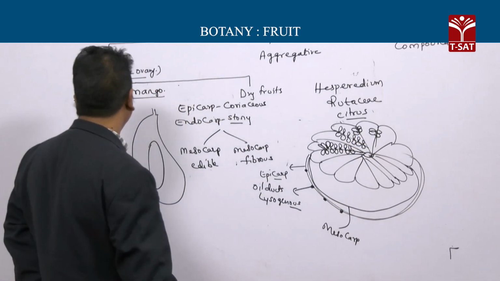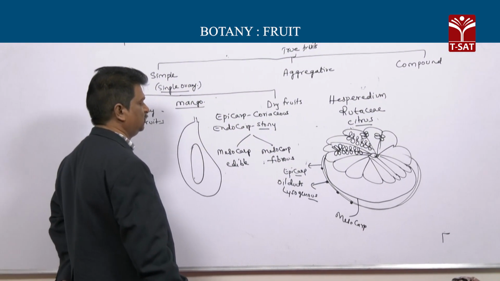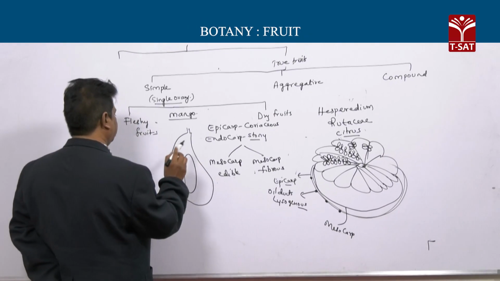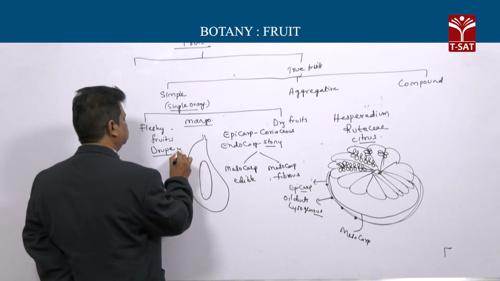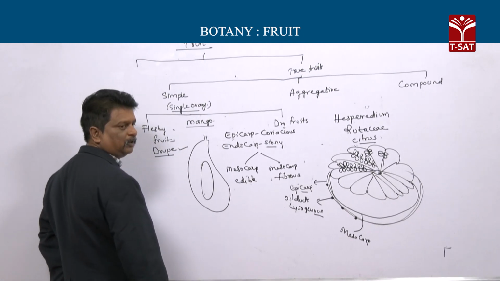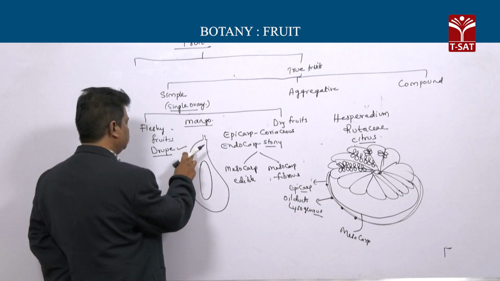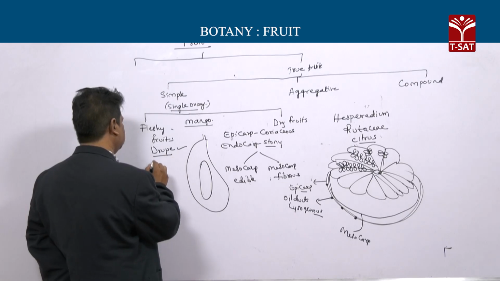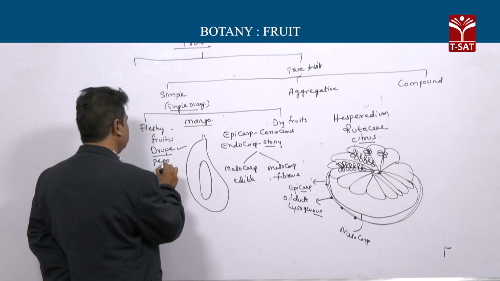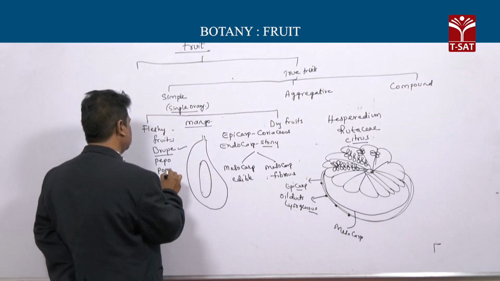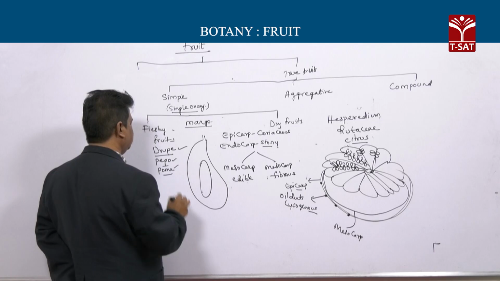So, how many types? Five types of fleshy fruits. Among the five types, drupe develops from a monocarpellary ovary, and drupe is single-seeded. Next, pepo and pome develop from an inferior ovary.